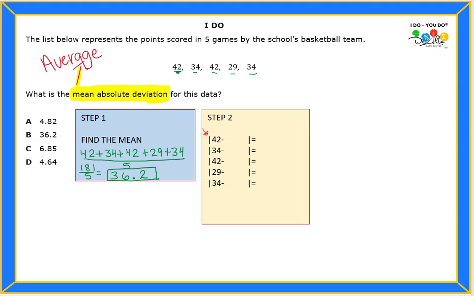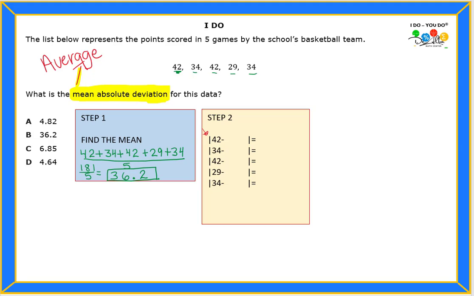Those lines, if you recall, mean absolute value, okay? And the reason for that is because let's suppose that when I subtract my numbers, I get a negative number. My answer would not be negative because I'm just looking for distance, right? And remember, distance cannot be negative, okay? So that's the reason why we use those absolute value symbols, okay?